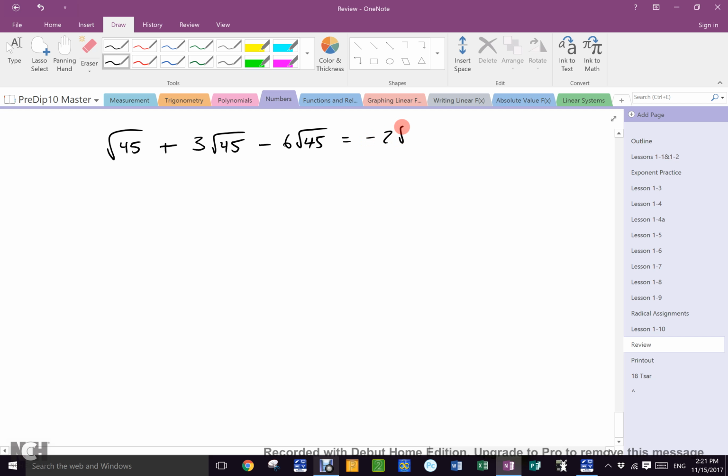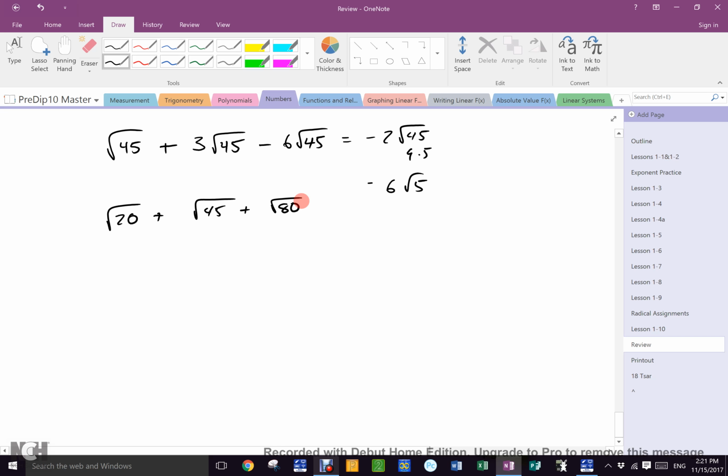The answer is... Is that the answer? No, it is not. Why? Because that's 9 times 5, so it's negative 6 root 5. Is this allowed?